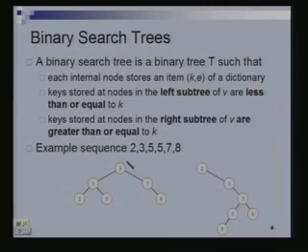The binary search property says the following: all the keys which are less than 5 will be in the left subtree, all keys which are larger than 5 will be in the right subtree, and this property holds at every node, not just at the root node. Here too, the left subtree will have keys which are less than 3, and the right subtree will have keys which are larger than 3.